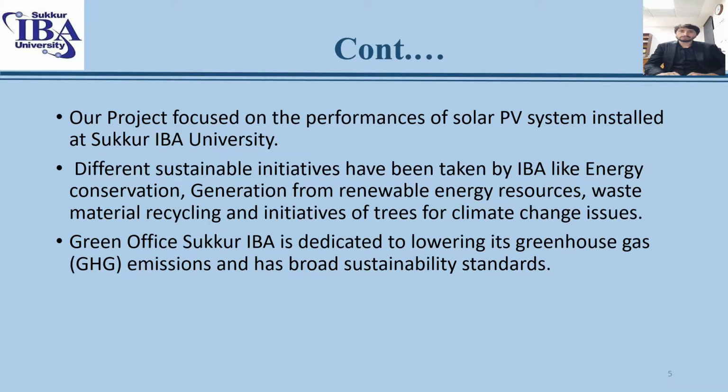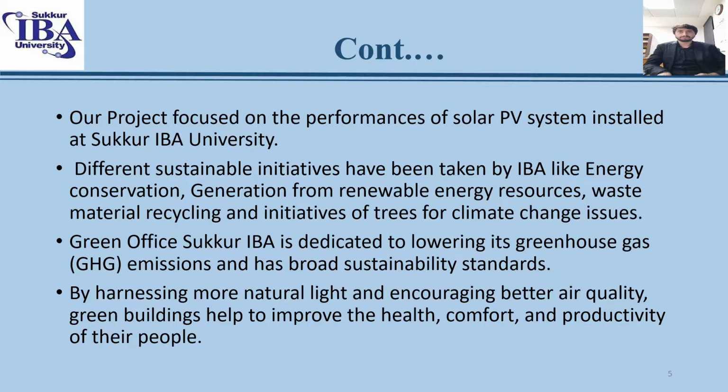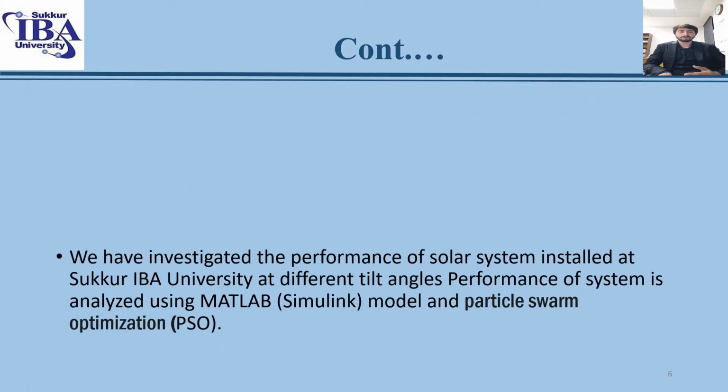Green Office: Sukkur IBA University decided to lower its greenhouse gas emissions and has broad sustainability standards. By harnessing more natural light and encouraging better air quality, green buildings help to improve the health, comfort, and productivity of their people.